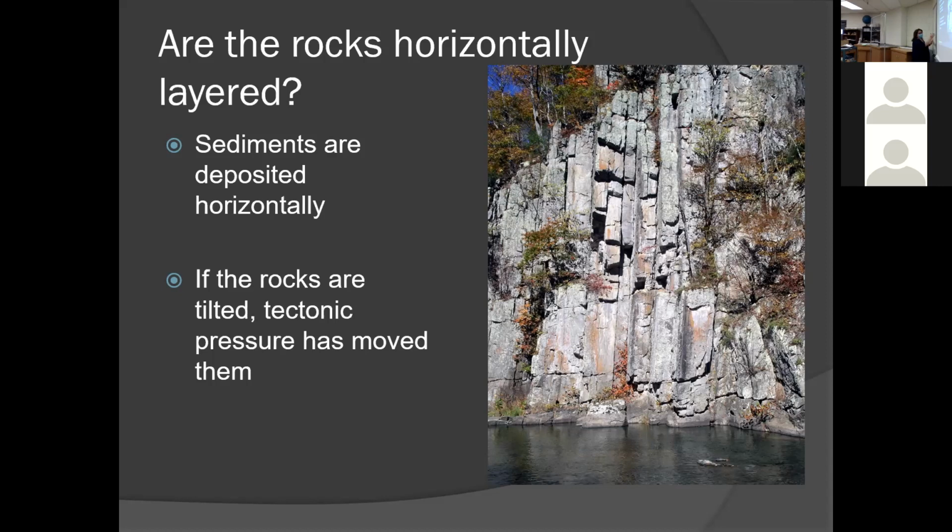And then the valley of the original mountains would have been like this. To me, it looks like a smile, and that's a syncline. So I get my anticline A and my smile for a syncline. Now it's hard to tell when these rocks are straight up and down.